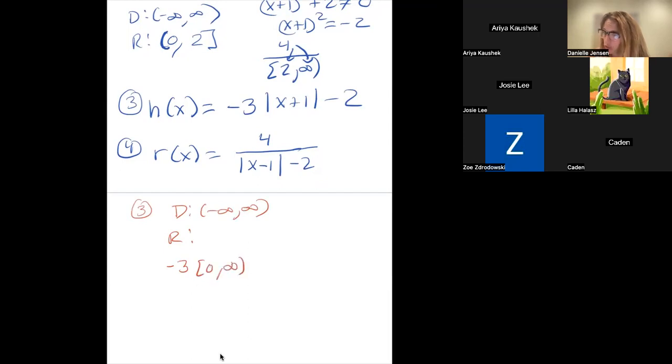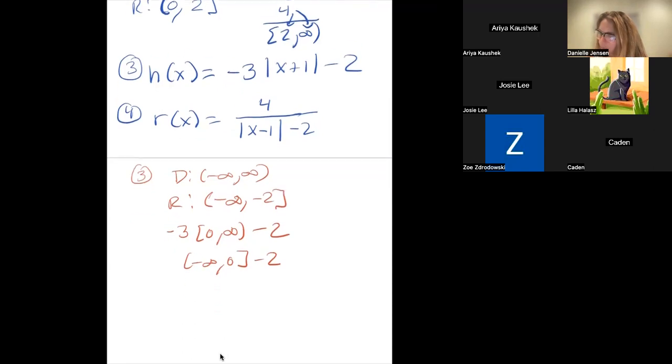Then it could be huge. And so then I'm going to follow that order of operations. So it'd be negative infinity to 0, and then minus 2. So the range would be negative infinity to negative 2 for that h of x.